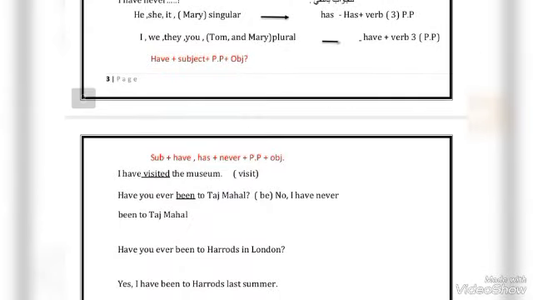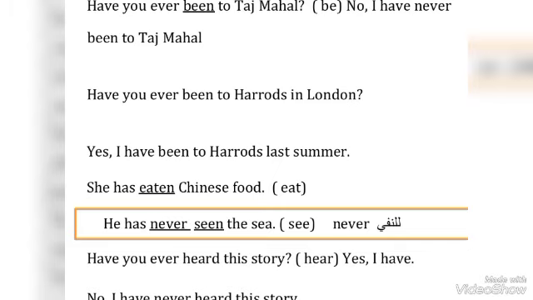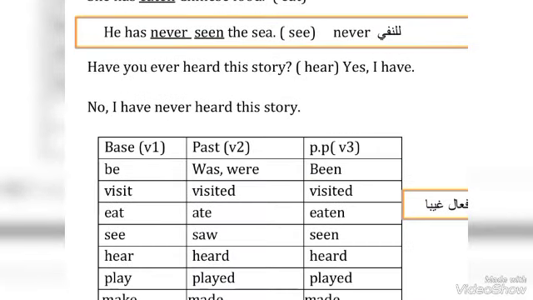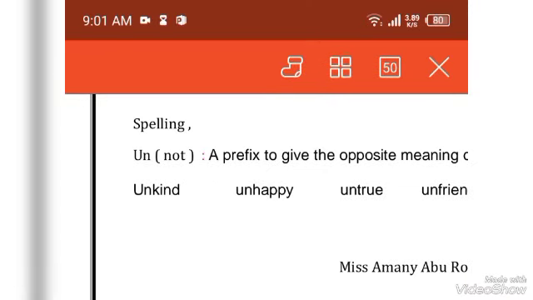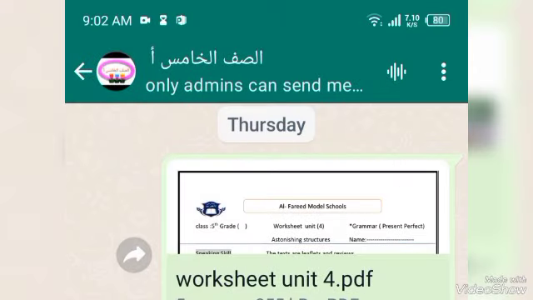Here are the verbs. These verbs are very, very important for my students. They must write them very well in their exam. The dictation is very important in my exam. Okay, now thank you. I will take you to another video. Please follow with me.